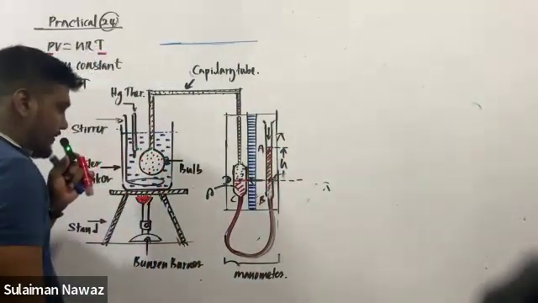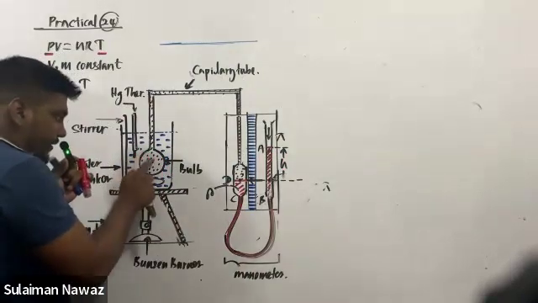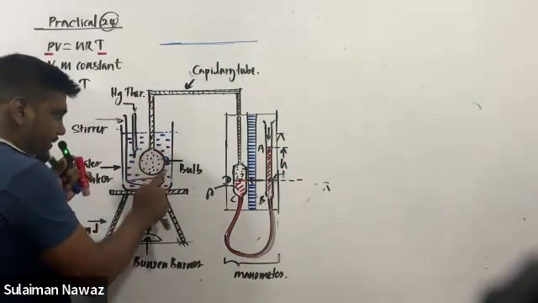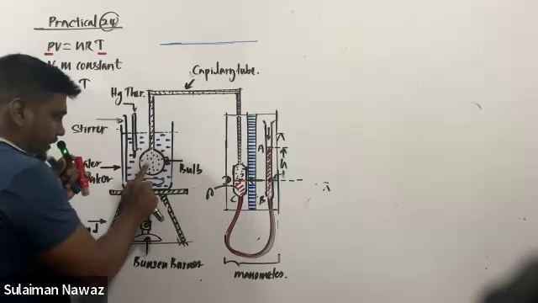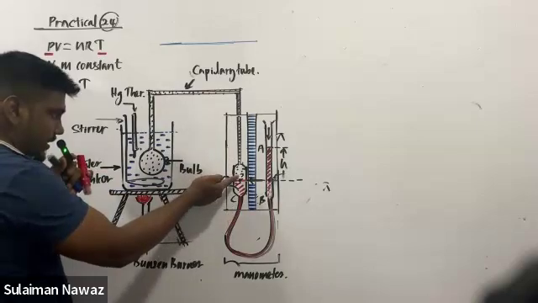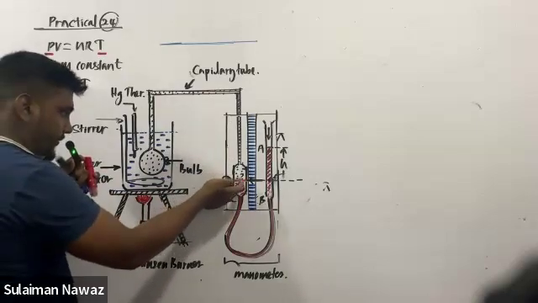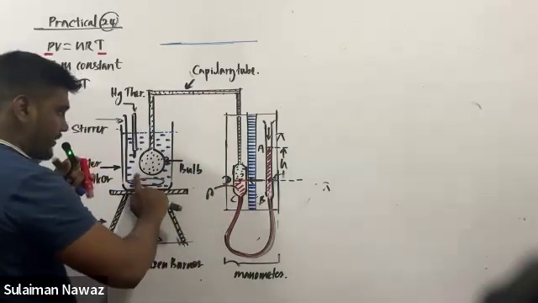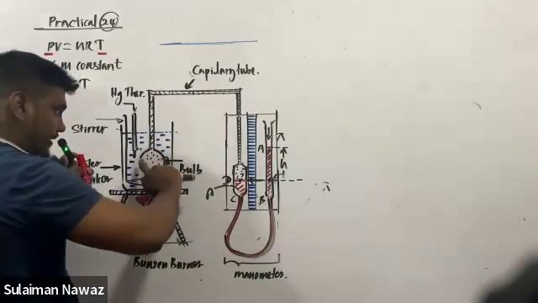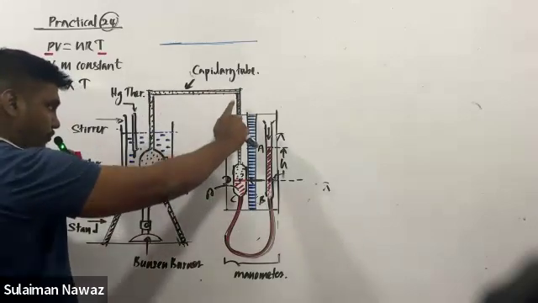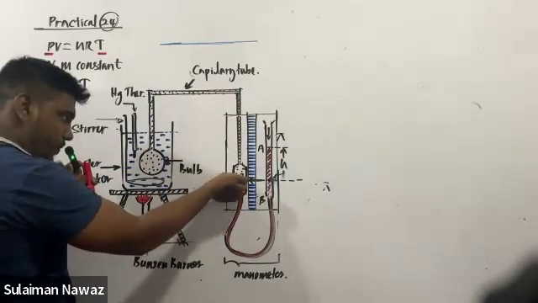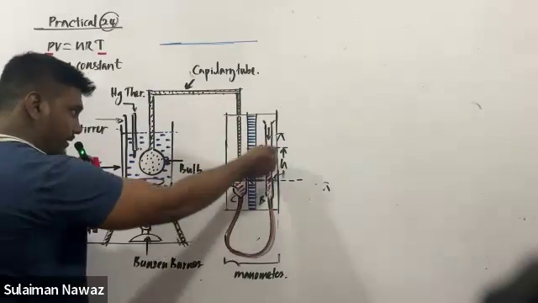After you immerse this bulb in the water, outside the bulb there is water, and inside the bulb there is gas. Throughout the capillary tube also there is gas until this common interface.